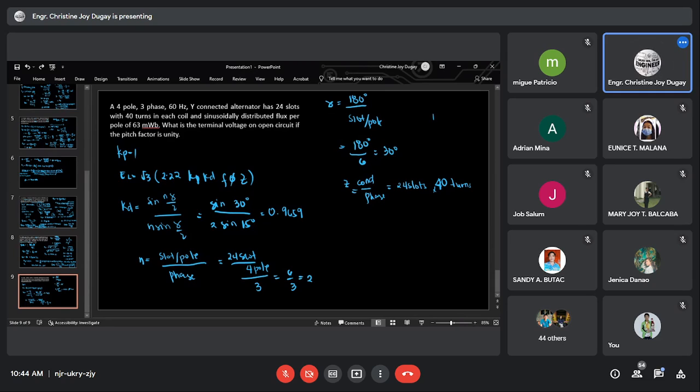Ang coil natin, yan. Ay, tama. Times 2, 2 coils para sa slot. Times 2 mo. Kung conductor po yung gagamitin natin ma'am, times 2. Yes po. Conductor per phase. So that is 24 slots times 40 kasi dalawang conductors po yung nasa isang turn.